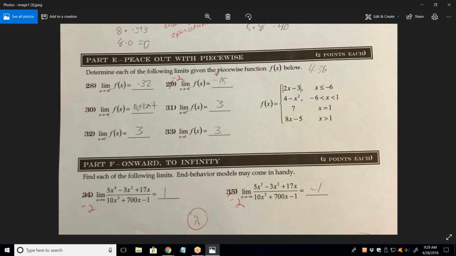As we approach negative 6 from the left, negative 6 is the top piece of the function. And as we approach it from the left, definitely this function right here.